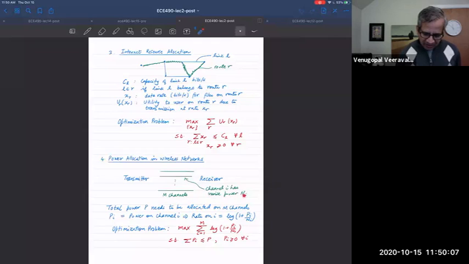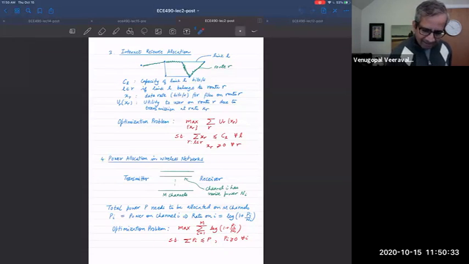Each channel has some noise power associated with it, and you want to maximize the bit rate of transmission across these channels, which is the sum of the log of 1 plus the signal to noise ratio, the power divided by the noise. The constraint is that there is a total amount of power that you can use at the transmitter, and this power is non-negative. So this is an inequality constraint optimization problem.